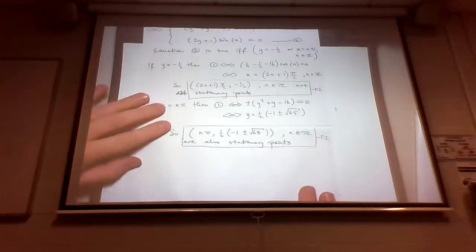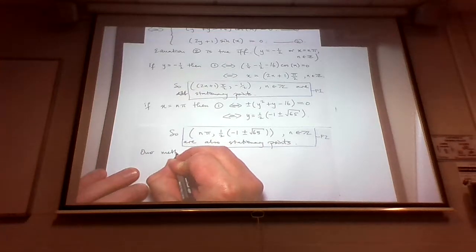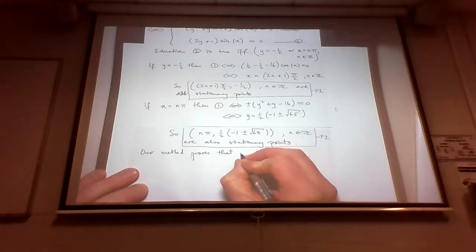So we should just remark that our method proves that there are no other stationary points.